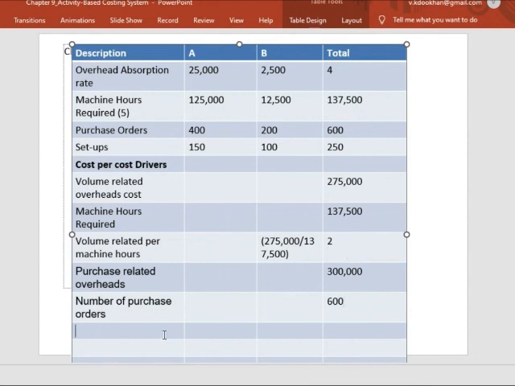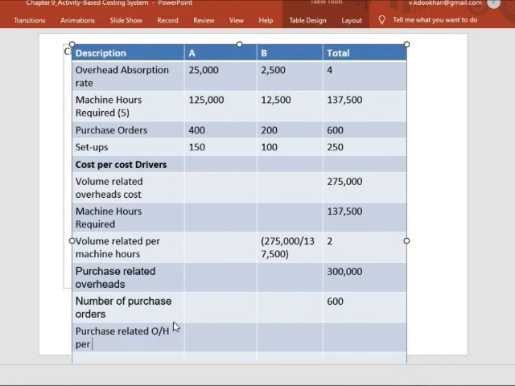So here I have purchase related overhead per order. So here we are going to do 300,000 divided by 6.